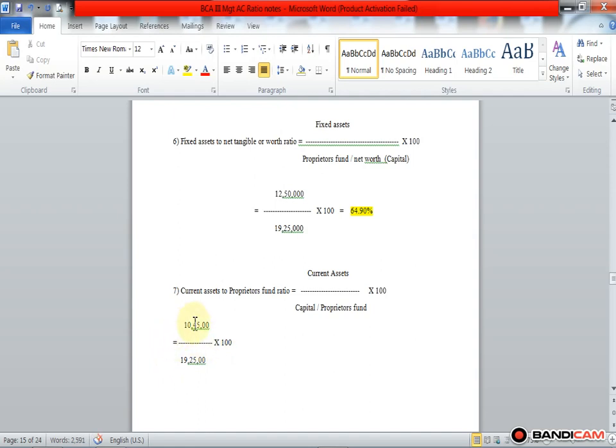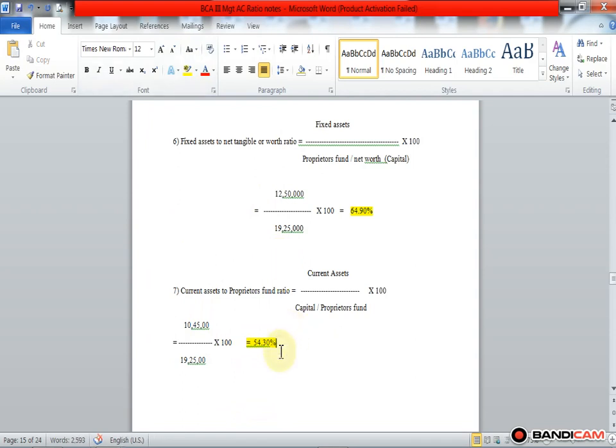Okay, so the answer is the percentage of current assets to proprietary fund ratio is equal to 54.30%. Okay, that is the ratio of current assets to proprietors fund. So here we get the answer.